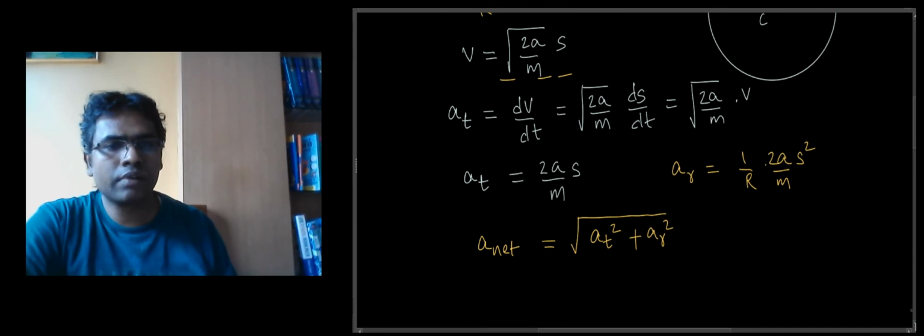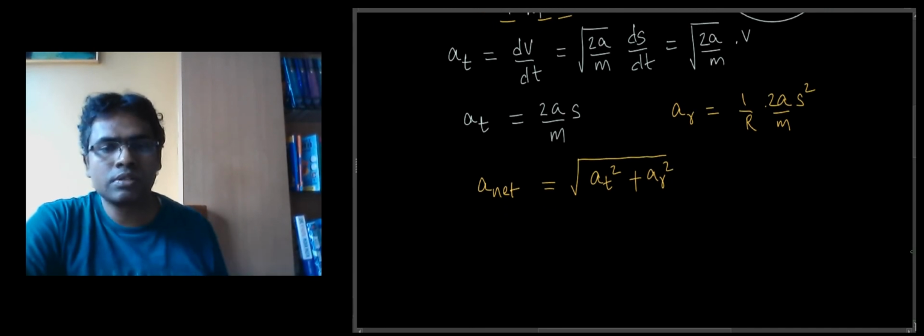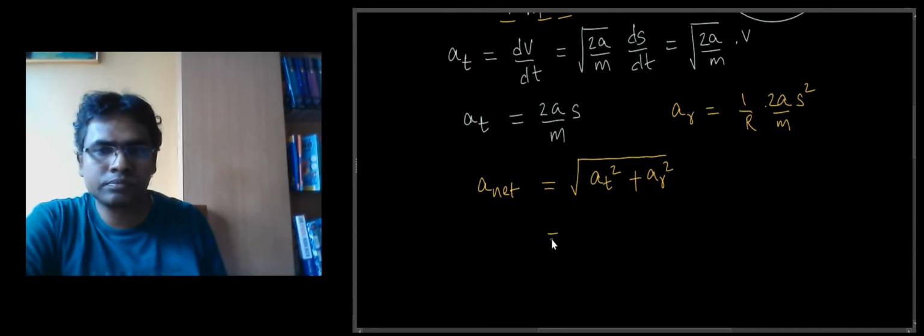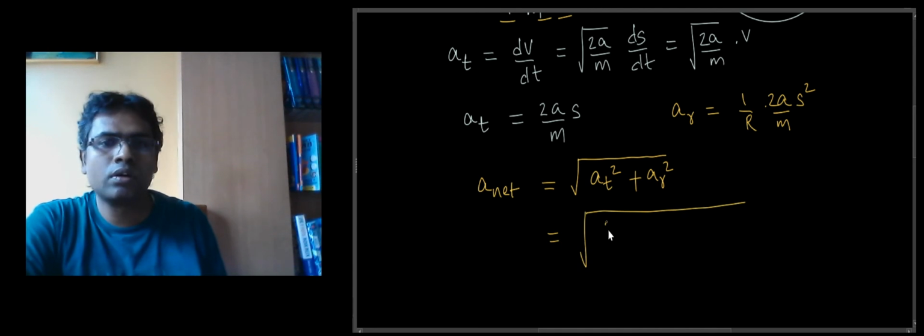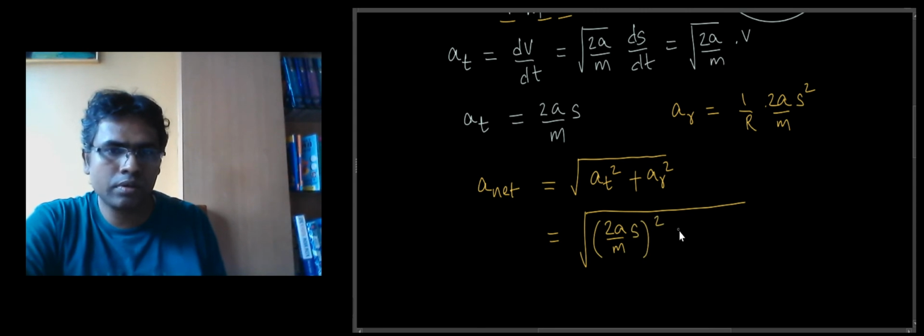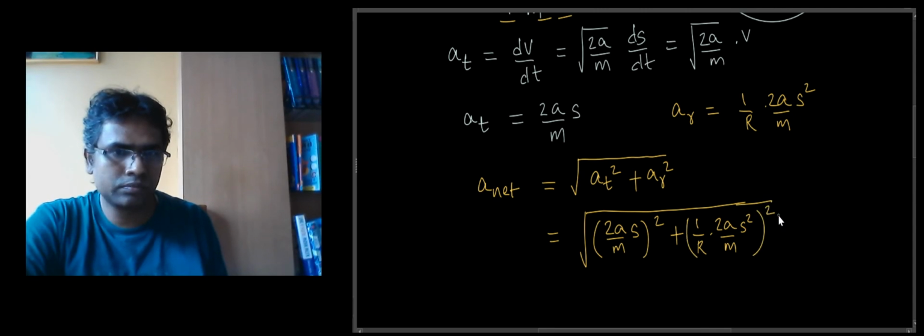So here, if I put them inside, I have square root of 2a by m into s, whole squared, plus 1 over r into 2a by m s squared, and this thing gets squared.